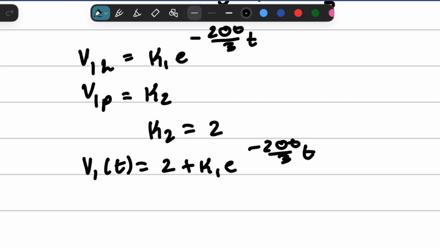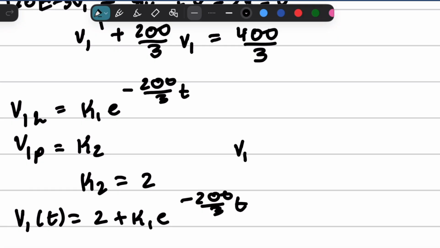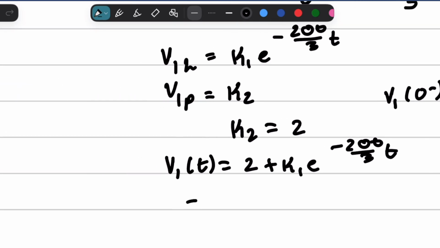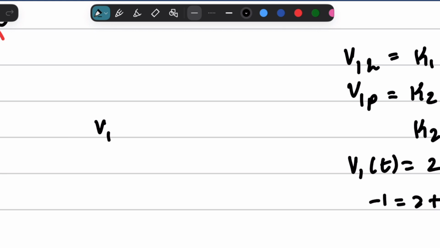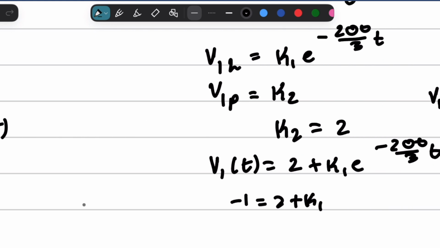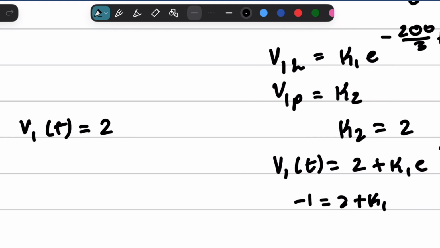And remember what our initial condition was. It was V1 0 minus equals V1 0 plus is equal to negative 1 volt, I believe. And so we are going to plug that in, 2 plus K1, and our resulting equation is V1 of t is equal to 2 minus 3e to the negative 200 over 3t, with K1 equal to negative 3.